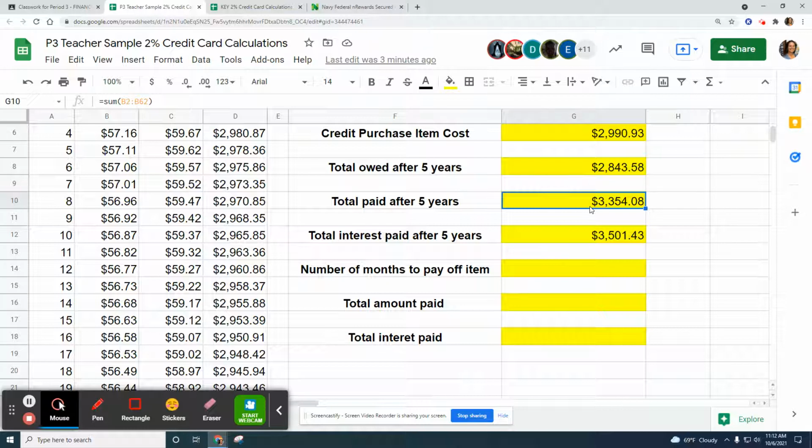Equals D2. It just wants the purchase item cost. Equals D2. D2 is my purchase item cost. Enter. So just go ahead and grab that number. Next, total owed after 5 years equals D62.